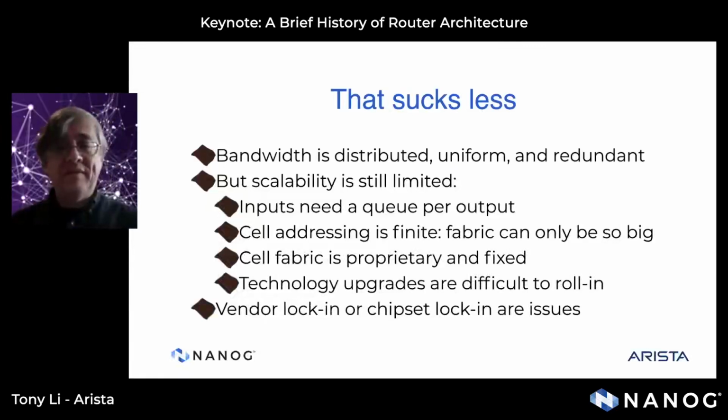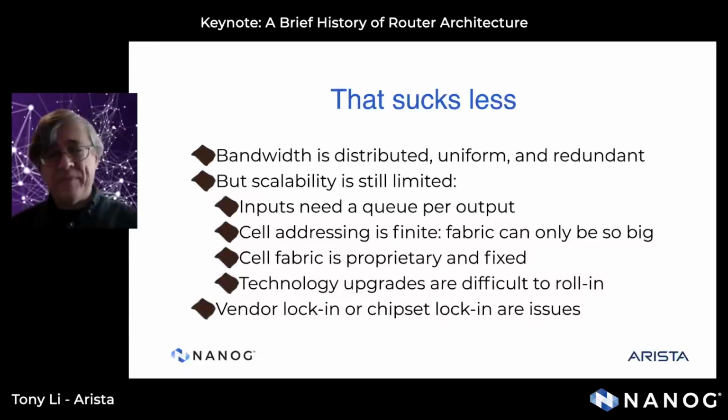Bandwidth is distributed, it's uniform, it's redundant, but our scalability is still very limited. To avoid problems, our inputs need a queue per output. That helps, but that means that we can only have a fixed number of outputs when we design the system to begin with.